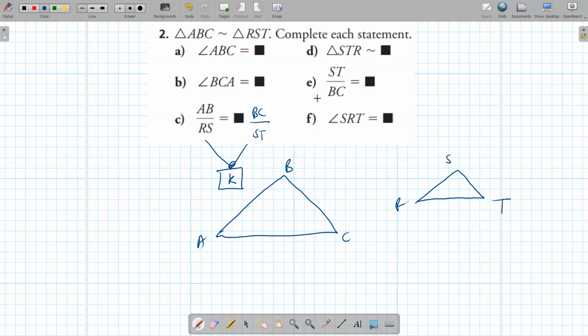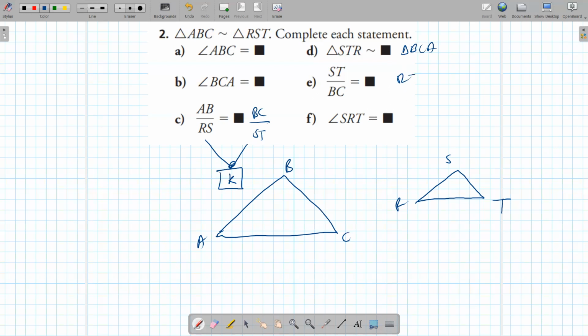This one says triangle STR is similar to BCA. Correct. ST over BC is the same thing as RT over AC.